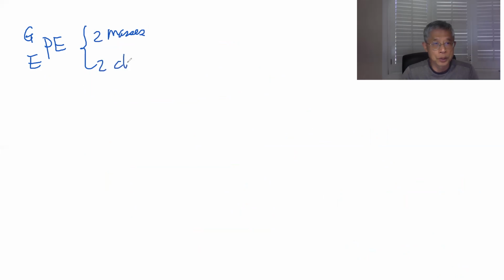So we just did the potential energy. One is gravitational, one is electrical, for two masses and for two charges, and these charges are static, meaning that they don't move. Right?